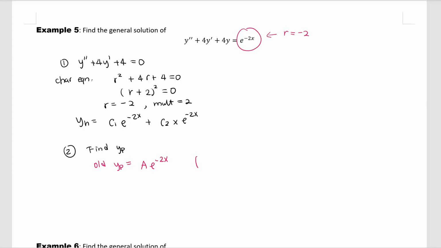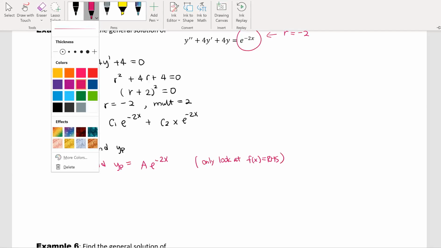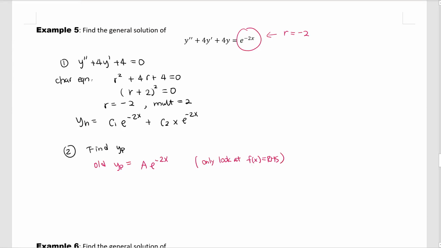So old setup means only look at f of x, which is the right-hand side of the differential equation. Okay, so after the old setup, there's an old setup and there's a new setup as well, right? So you realize, oops, negative 2 is also a root of the characteristic equation of the homogeneous differential equation, right? So that's why you see this term is already in the homogeneous solution.